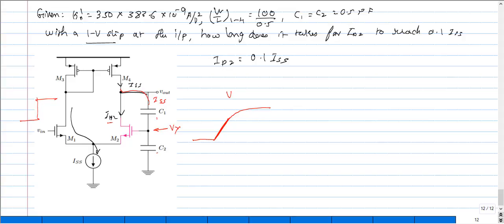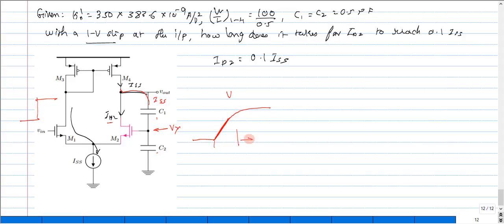What was asked is how long it takes for the current to reach 0.1, which means this particular transistor has turned on. We are talking about the edges where the transistor is completely off, and after a while the transistor turns on.